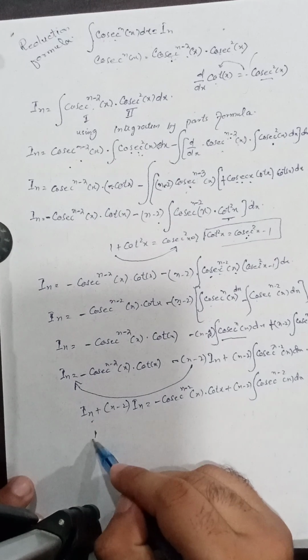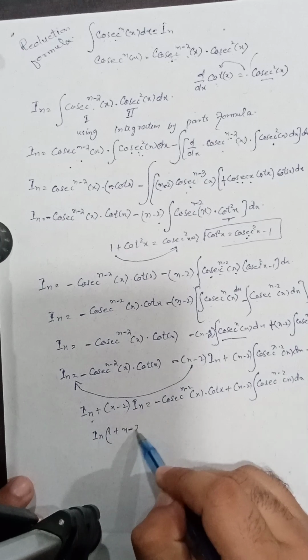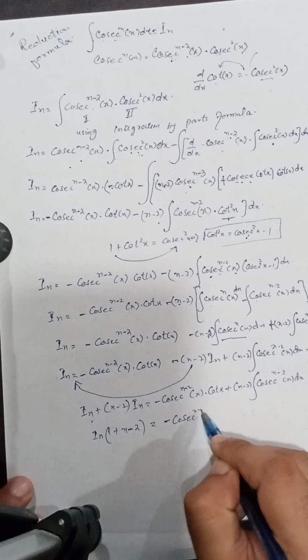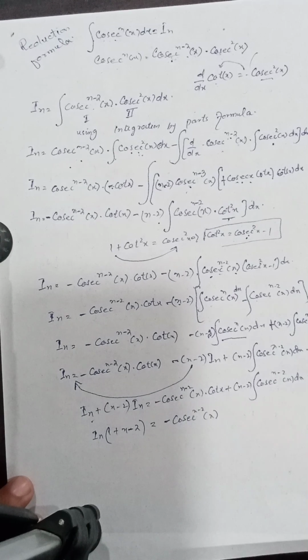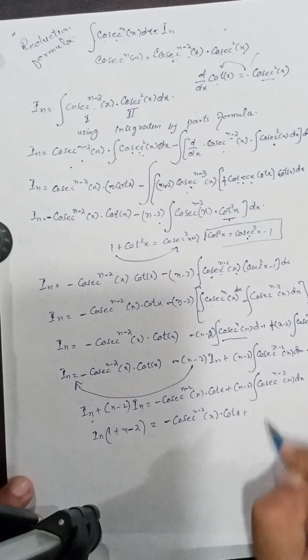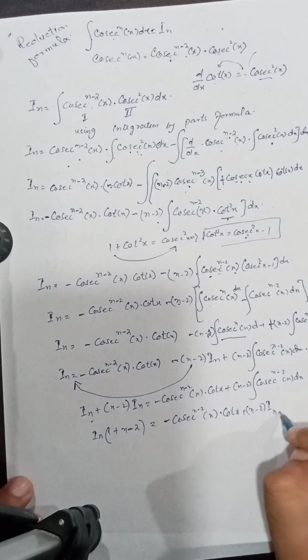So take I_n common from this side: 1 plus (n-2), which is equal to minus cosecant^(n-2) of x cotangent of x plus (n-2).